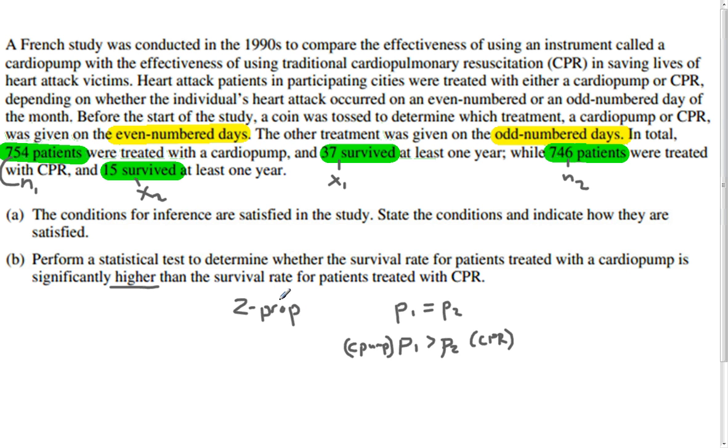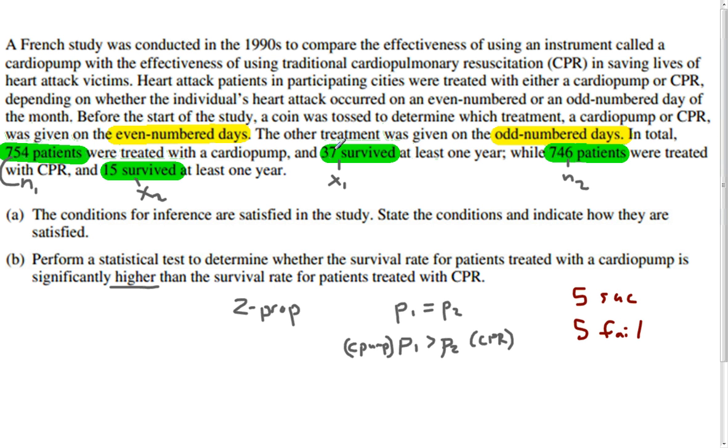But before we actually calculate that p-value, I want to go back to A and look at the conditions for inference. In order to do a two-proportion test, there's some special conditions that need to be met. We need to have at least 5 successes and 5 failures in each group. So make sure that you're looking for at least 5 successes and 5 failures in each group.